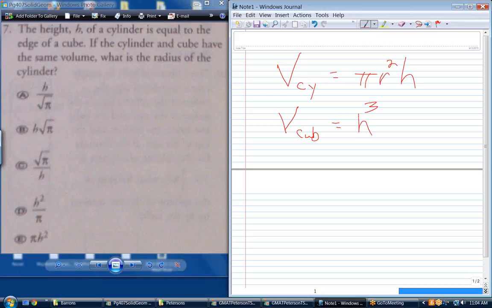Now, do you just put them equal to each other and find h? Yes, because they're saying the volume of the cylinder is the same as the volume of the cube, so I'm going to let this equal this.